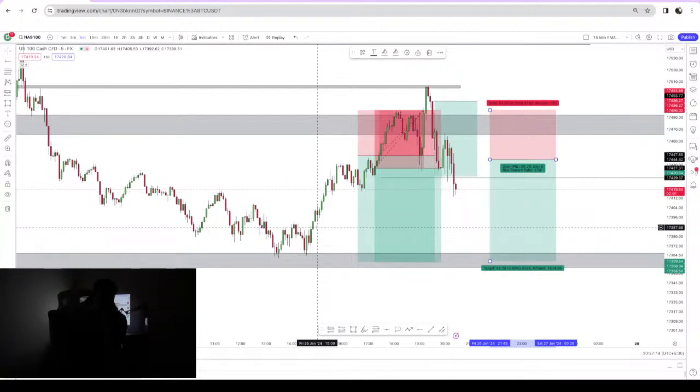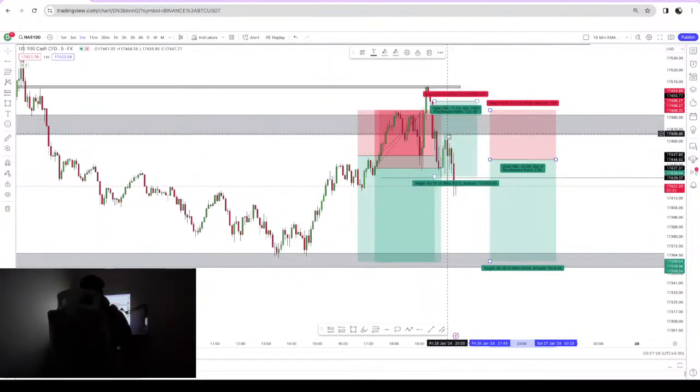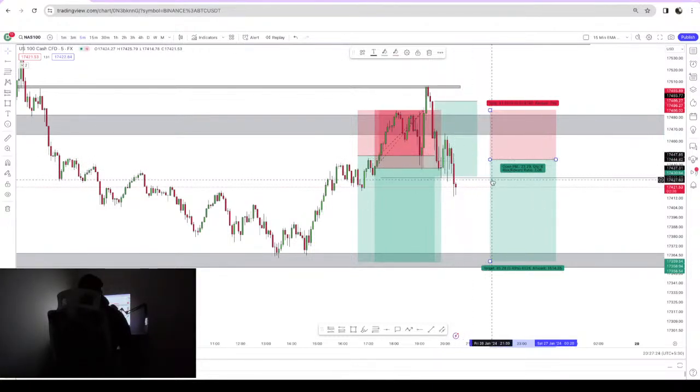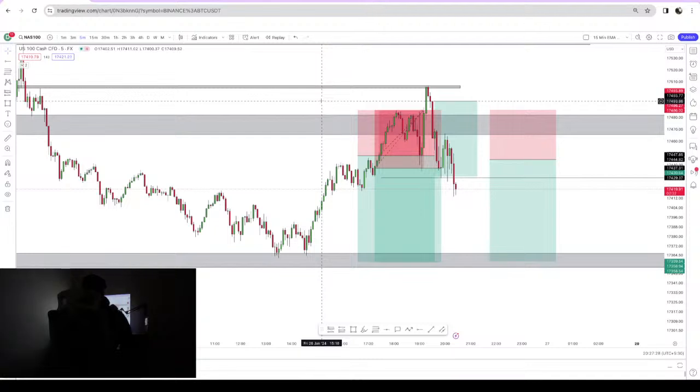Once the market forms another lower high, if it does so, then we'll shift the stop loss here, right? If it forms another lower high anywhere near here, then we'll shift it here. And we'll try to trail it as much as possible.